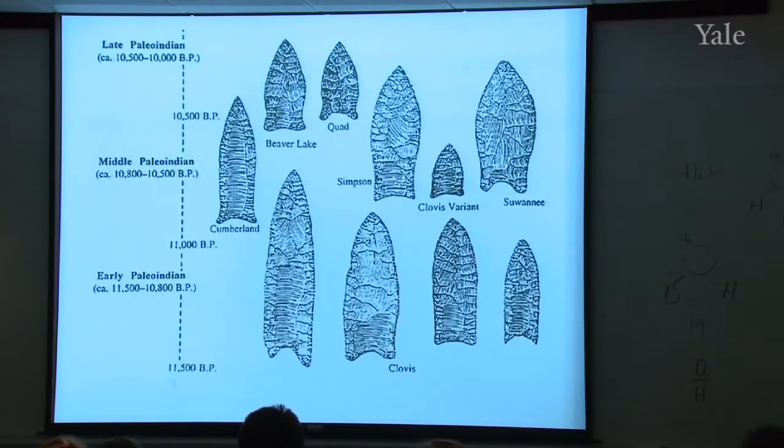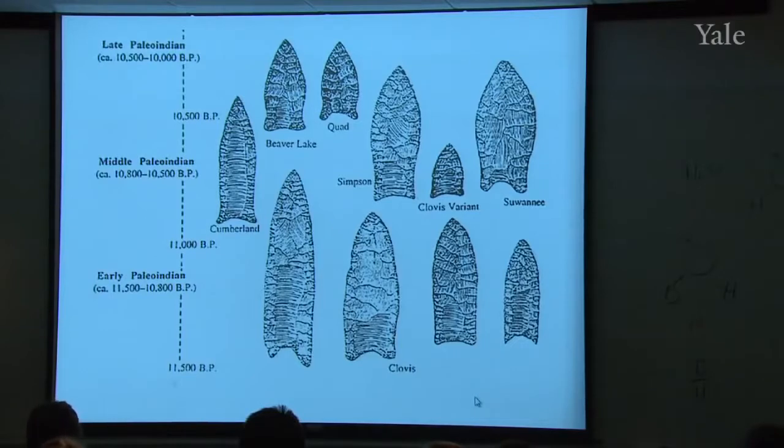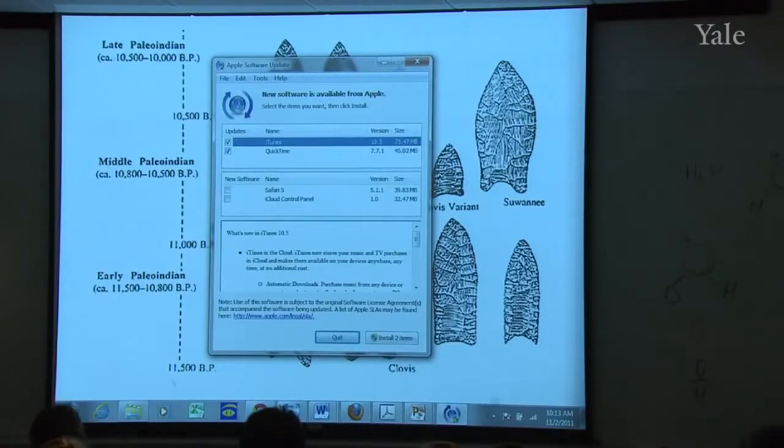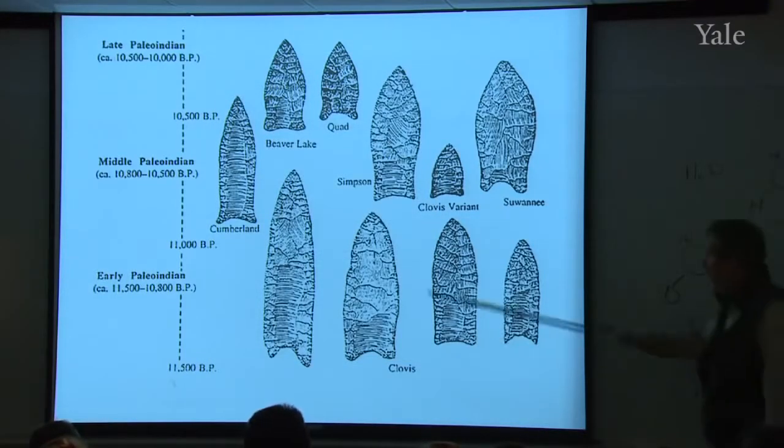The way anthropologists or archaeologists describe the different cultures in the Americas is by the type of arrowheads that they made. So the Clovis culture would have made the Clovis points.